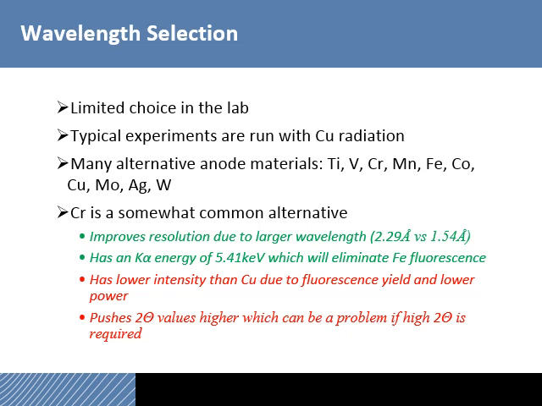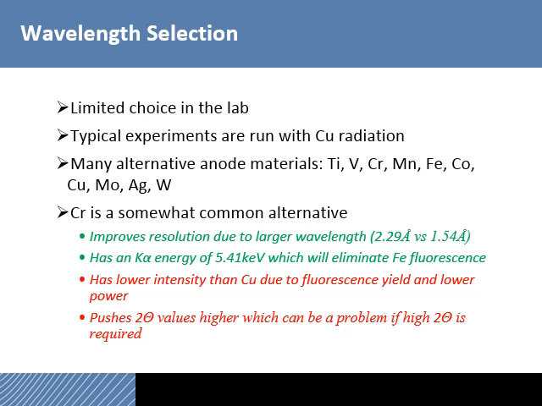Okay. It actually does improve the resolution somewhat due to the larger wavelength. All right. If we were sitting in the middle of class, I would ask the class, what would this do to the diffraction pattern if you use a larger wavelength? And the answer to that question is it would stretch out the pattern itself, right? The peaks end up spaced farther apart, all right?